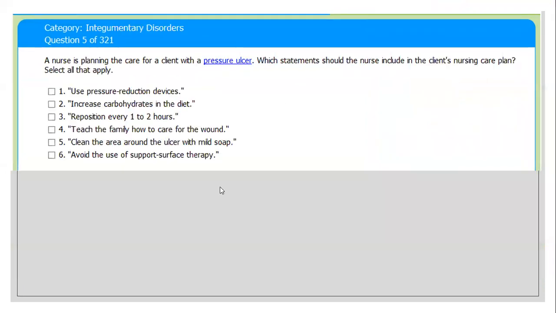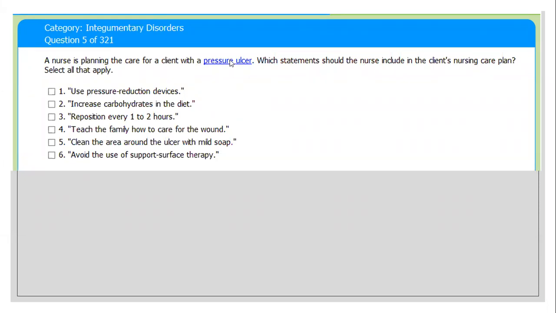Next question here. A nurse is planning care for a client with a pressure ulcer. Which statement should the nurse include in the client's care plan? So it is a select all category question, right? And the question is talking about the pressure ulcer. So if I ask you, what is a pressure ulcer?